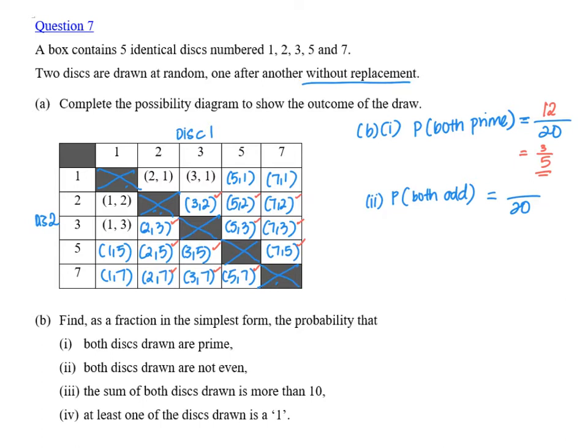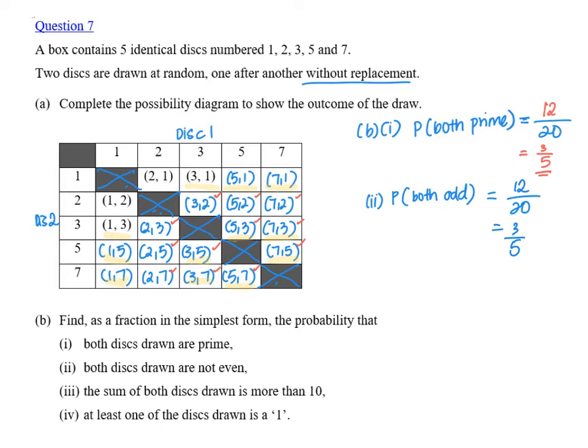Let's see, both are odd, 3, 1. So it's 1, 3, 2, 3, 4, 5, 6, 7, 8, 9, 10, 11, 12. So we have a total of 12 cases again. So this will be 12 over 20, which is 3 over 5 again.